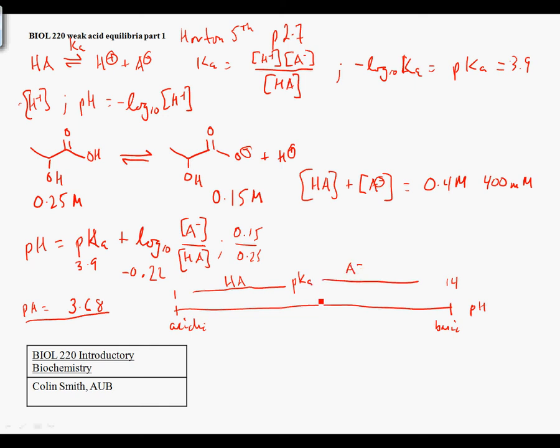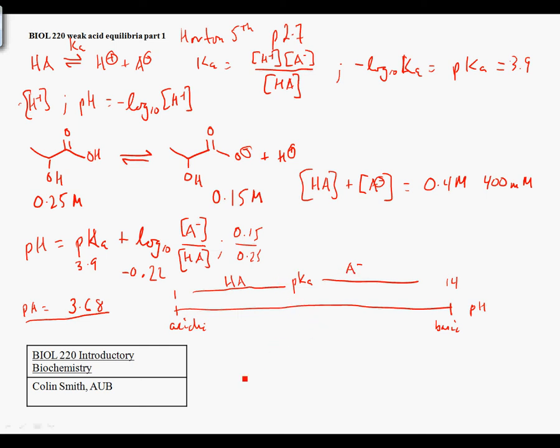So that's very useful, because very often we're interested in an amino acid side chain, for example, and we'd like to know, is it charged or is it uncharged? How do we know whether it's charged? Well, if we know the pH and we know the pKa, we can say at this pH, this part of the molecule is charged, or it's uncharged.